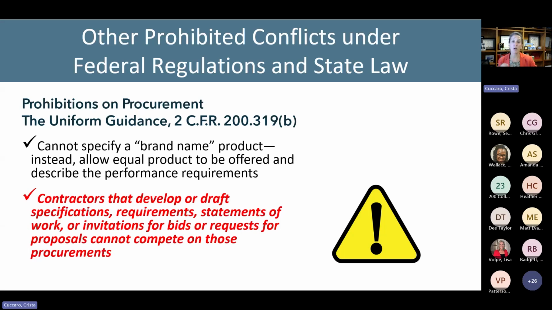And so I just want you to be aware that if you have an engineer who may be involved in drafting specifications, that engineer cannot then turn around and bid on the work once you're ready to procure for the project. This is sometimes overlooked because we don't have an equivalent in state law, but this is a really important conflict of interest provision that I want to mention, particularly for you all as a matter of timing, where you might be in your planning processes.